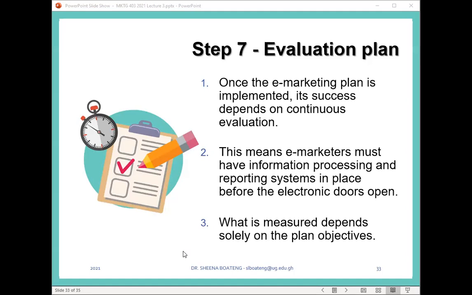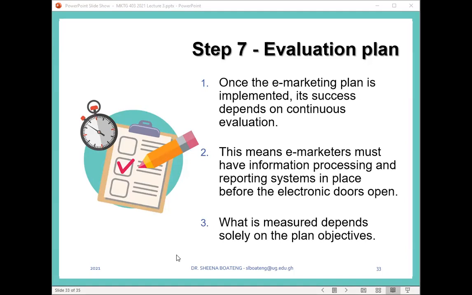Because without addressing these shortcomings, the firm will not be able to proceed. And in the event that these shortcomings are affecting the bottom line, affecting customer satisfaction, affecting the ability of the firm to meet customer expectations, especially when it comes to e-marketing, since that is the focus of our course, then the firm will be in trouble.